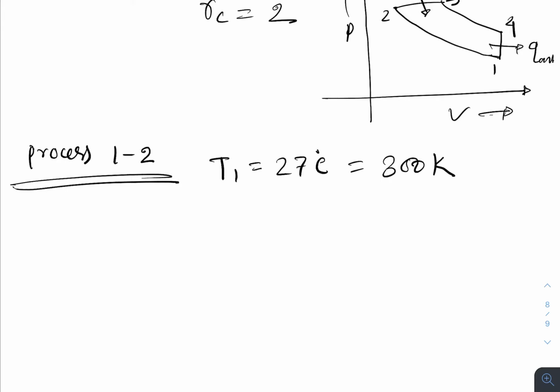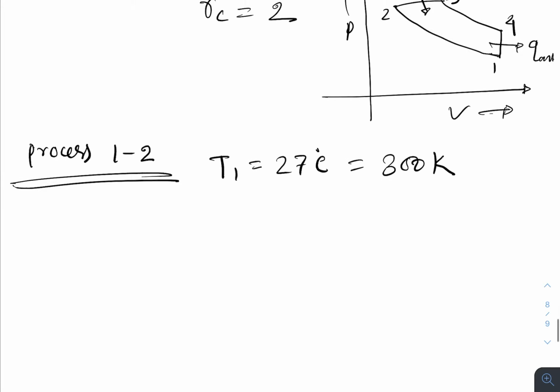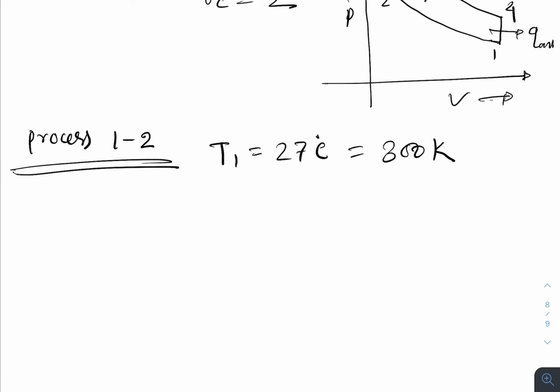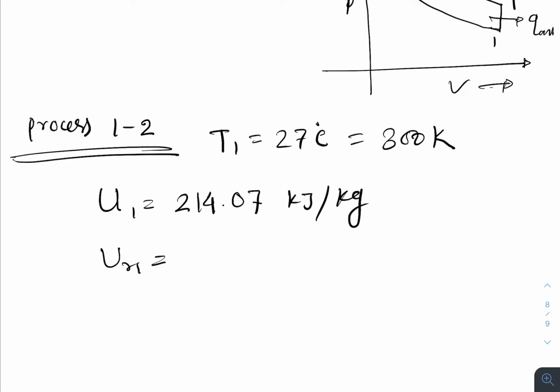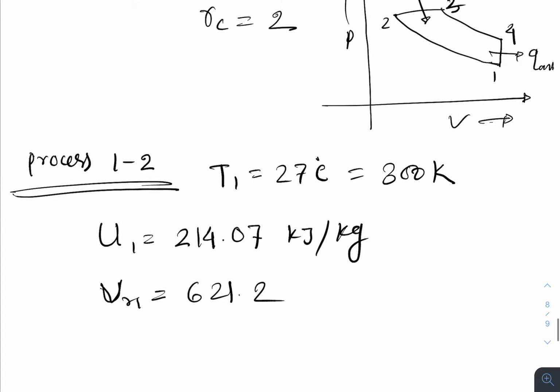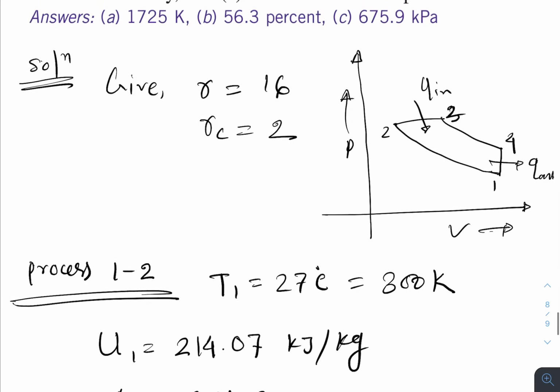With respect to this temperature, looking for the internal energy, we get u1 equals 214.07 kilojoule per kg, and vr1 equals 621.2.